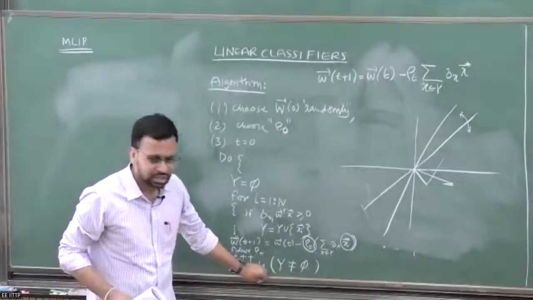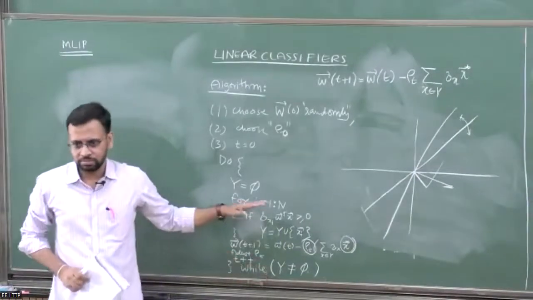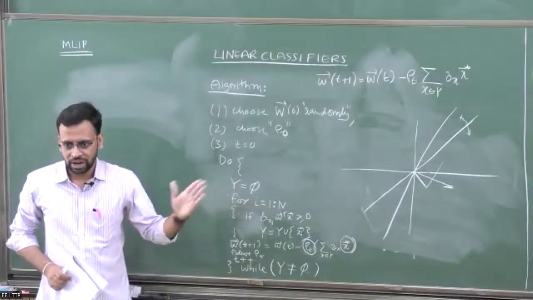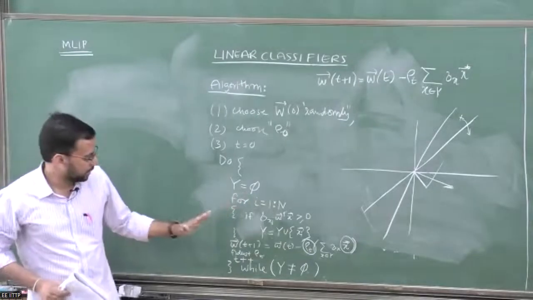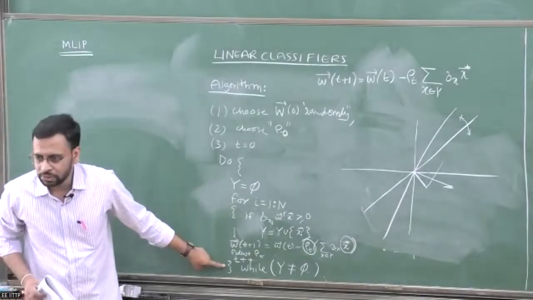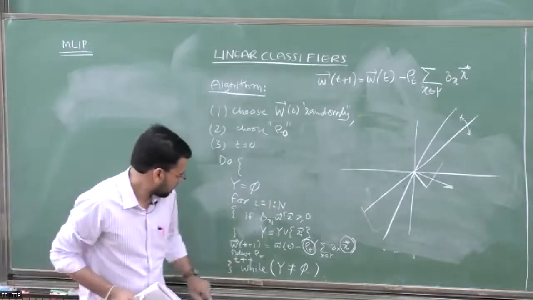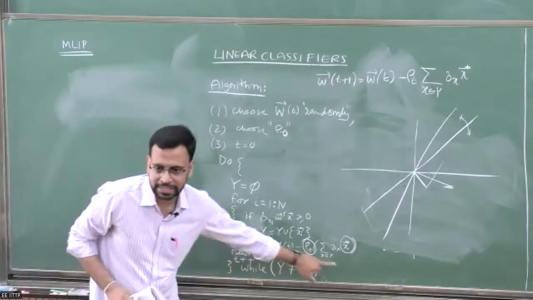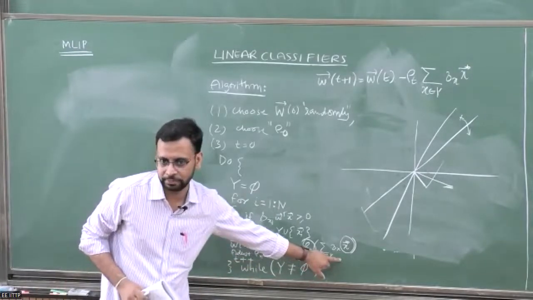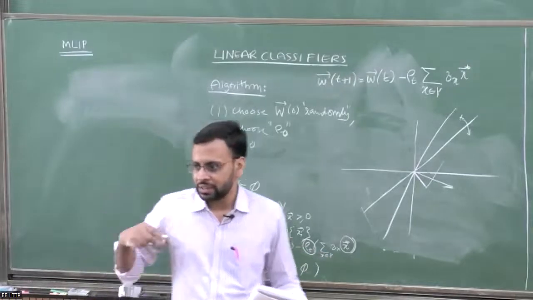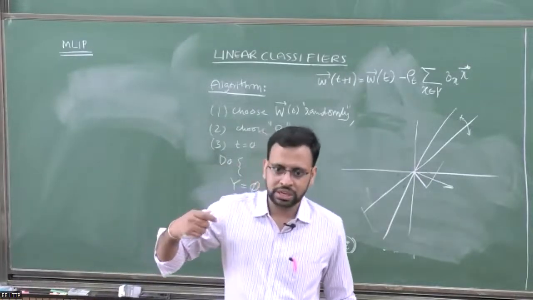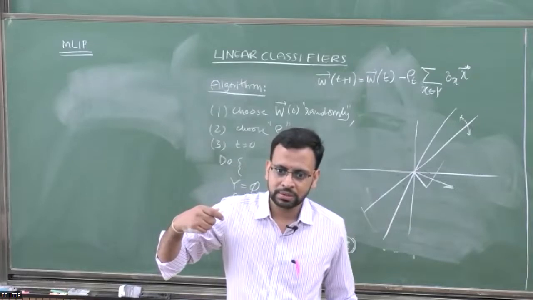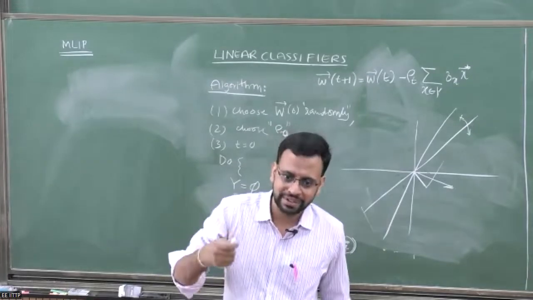One more thing, there is yet another algorithm given in the textbook after this algorithm. If you look at this update, it is nothing but a summation you are doing here. On the other hand, you could also think of repeating this for each misclassified vector.